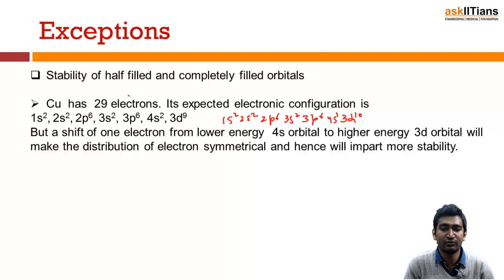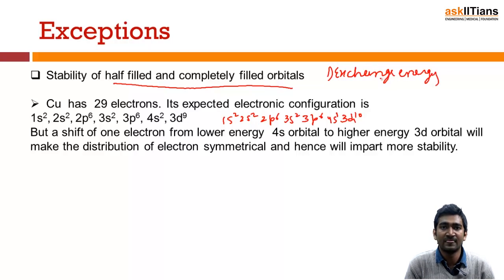Half filled and full filled orbitals are more stable because of two reasons. The first reason is your exchange energy. Exchange energy means the number of electrons which can be permuted anywhere. Like in mathematics, you deal with permutations and combinations, right?